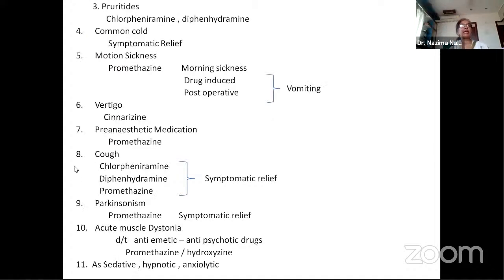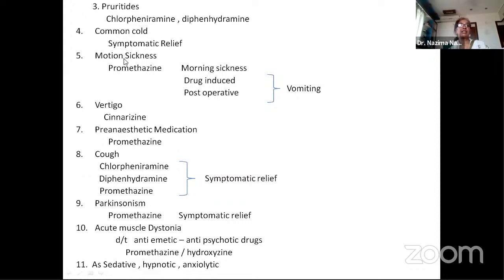Then the pruritides, these are major indications of the H1 antihistaminics. The older ones, especially chlorpheniramine maleate and diphenhydramine, are commonly used in case of pruritus. Then in case of common cold, these drugs cause a symptomatic relief.